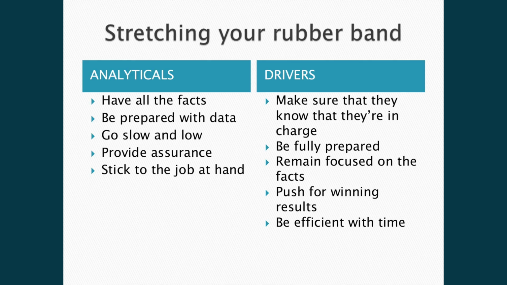You don't have to stretch your rubber band. But what we do want to make very clear is that your job in dealing with any person in any informal or formal occasion, even your children, your husband, your wife, you better know who you are and you better know who they are. Again, by behavior preference.